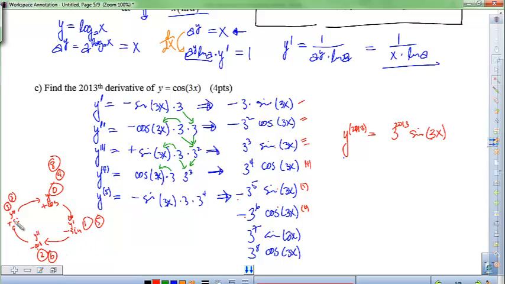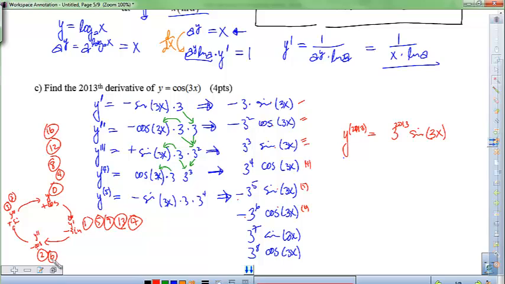If you follow this along, all the positive cosines would fall under 0, 4, 8, and if you can guess the next couple of derivatives that would give you a positive cosine, it's 12 and 16. It looks like it's by 4s. You can think about this as adding 4s. So 1 plus 4 is 5, plus 4 is 9, plus 4 is 13, plus 4 is 17.